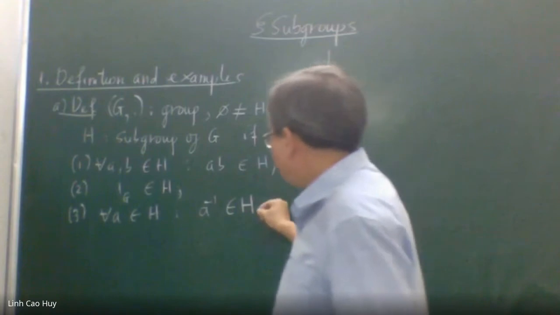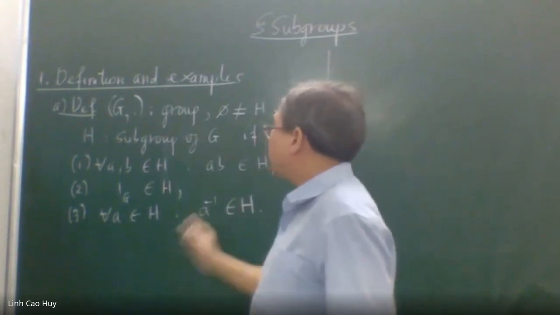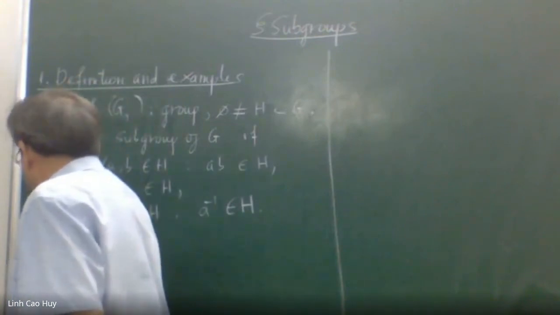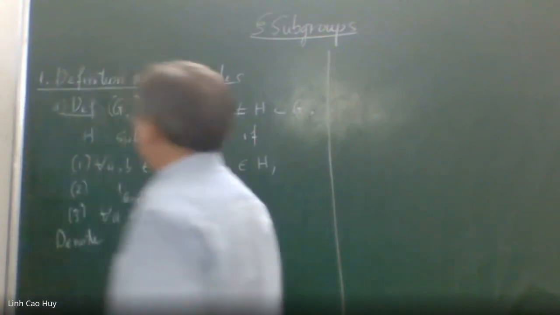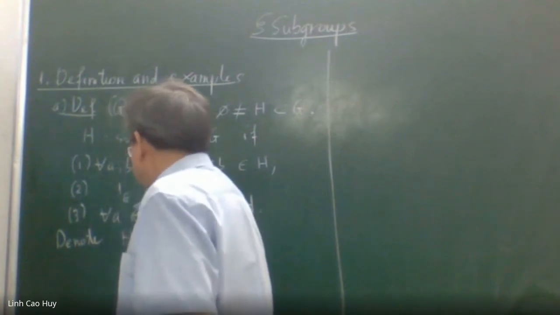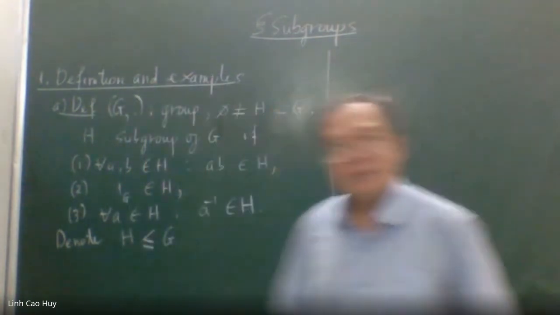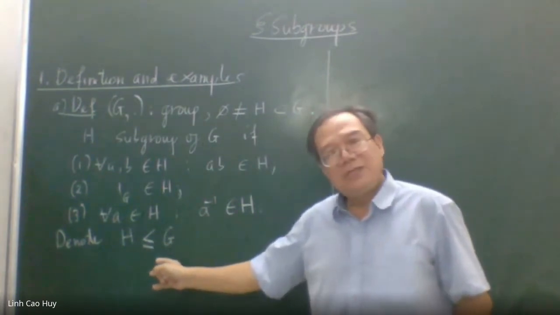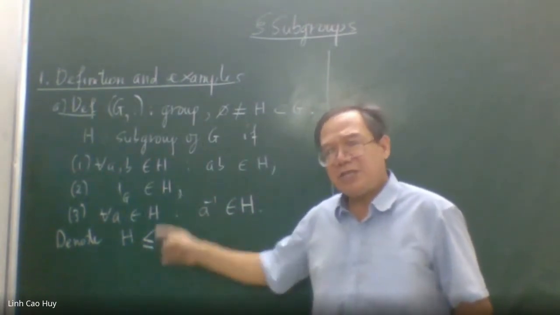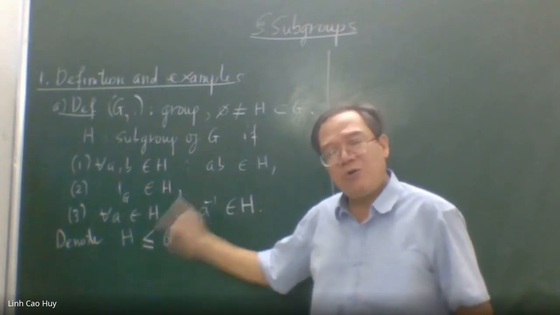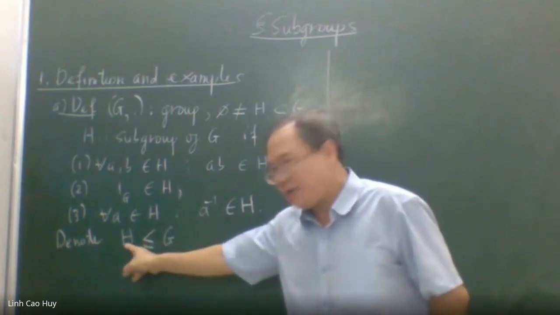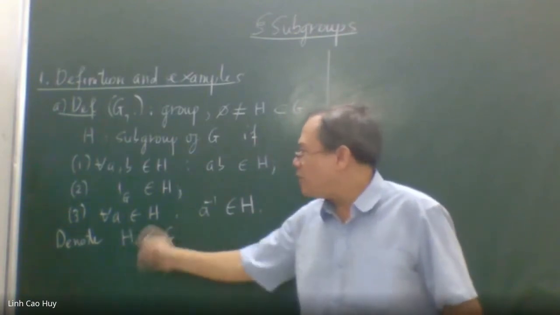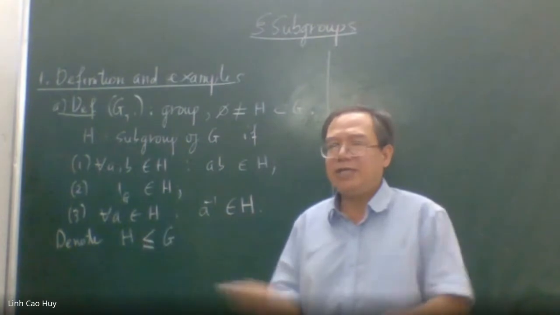Okay? And if H is a subgroup of G, we denote it with something like less than or equal, but this notation shows us that H is a subgroup of G, not less than or equal here.